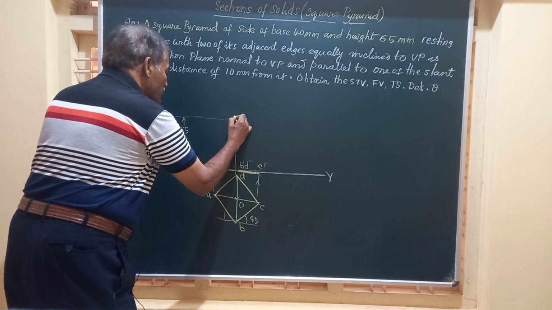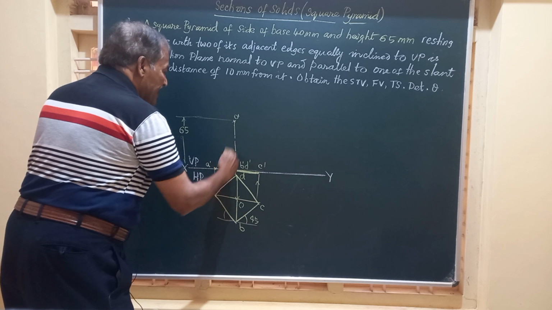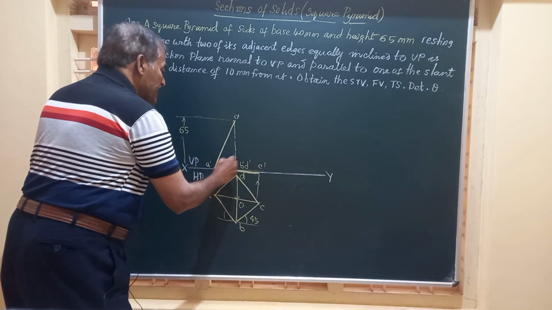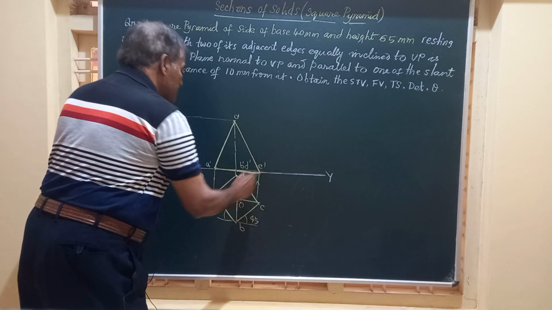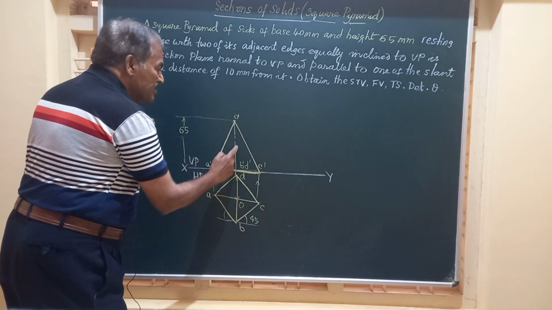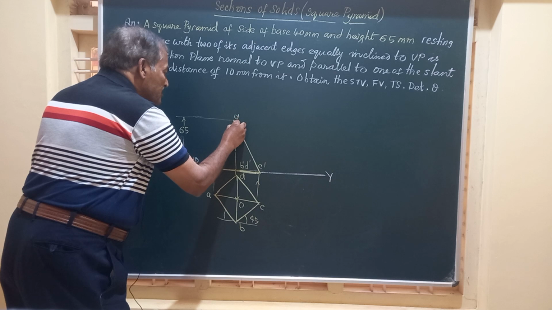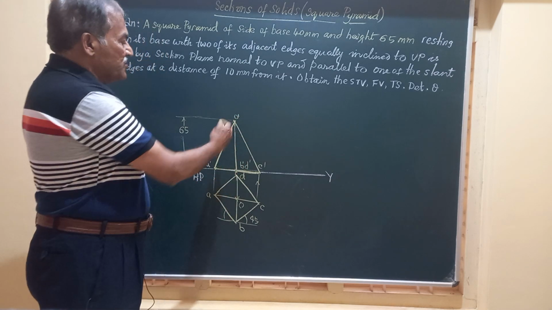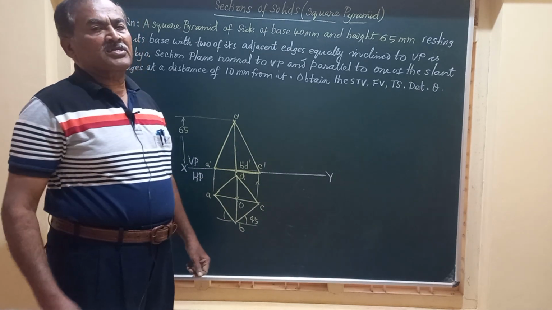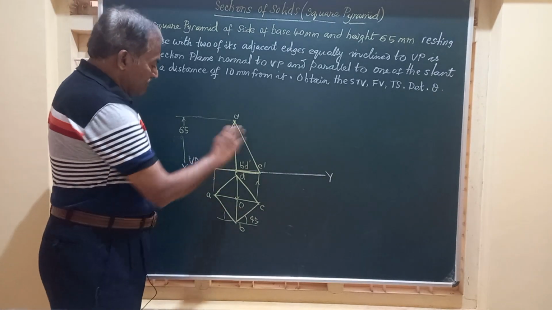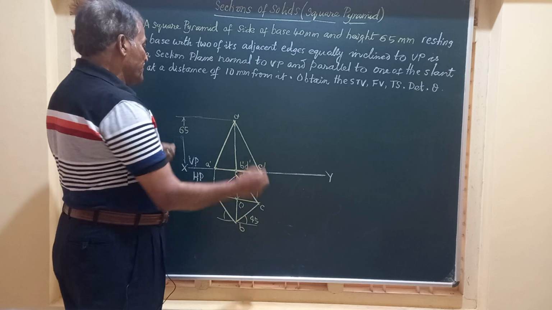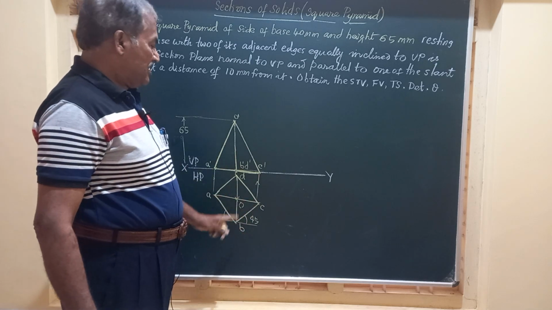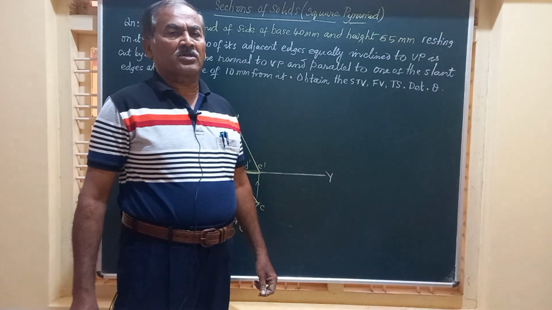So join this O dash to A dash, O dash to C dash, etc., and obtain the front view of the solid. Here in this particular problem, even the axis or this line OB and OD is shown by dark line because the axis comes behind this OB. Friends, this is the front view of the solid and the corresponding top view of the solid we have drawn.